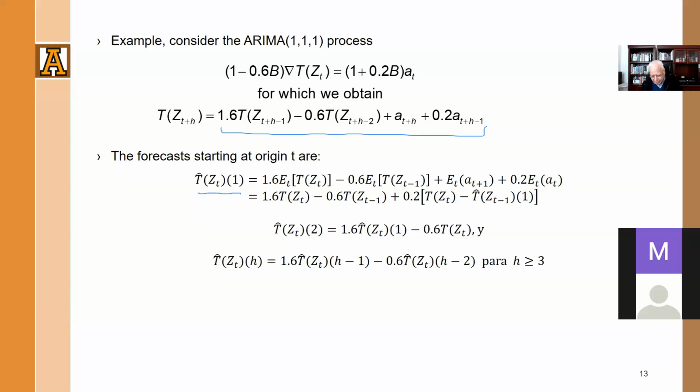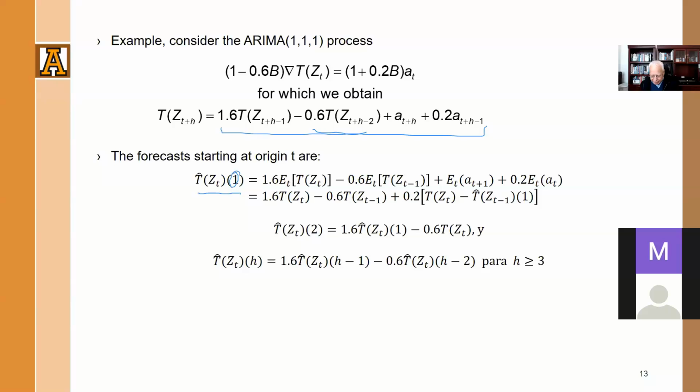It's 1.6 times the conditional expectation of the transformed series, okay, because we're talking about the optimal forecast, right? Minus 0.6 times the conditional expectation of T of Z at t minus 1, which comes from this term, and then plus the conditional expectation of a at t plus 1, plus 0.2 times the conditional expectation of a at t. So this is h equals 1 in this case.